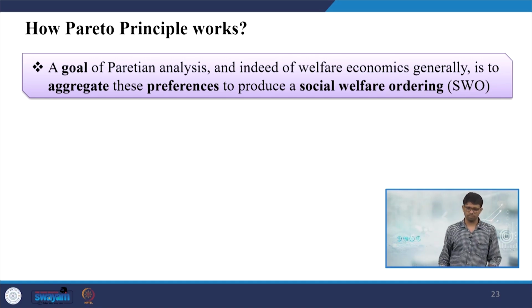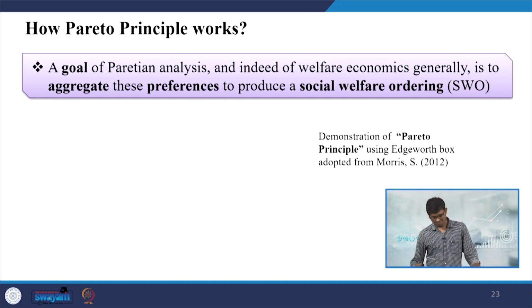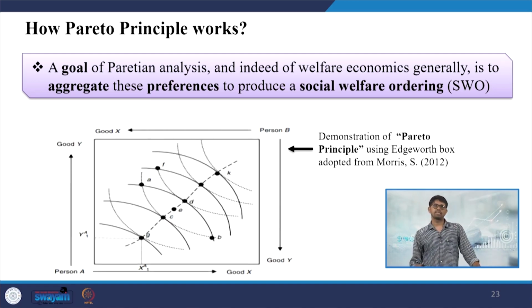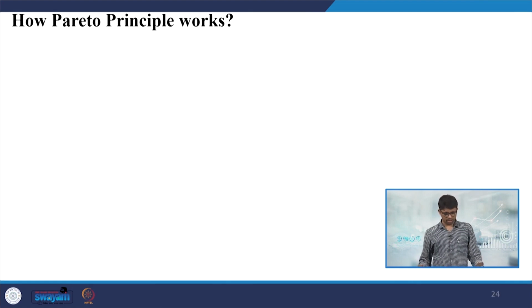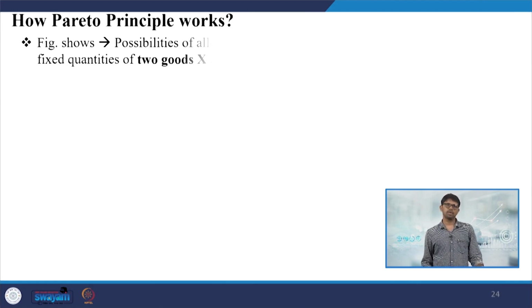So, here if you go back to your microeconomics chapters, at the end of the advanced microeconomics chapters, we used to have a general equilibrium model. We are again referring to the same Edgeworth box diagram to explain Pareto principles. It is adapted from Murray 2012, and we will be clarifying each of them systematically.